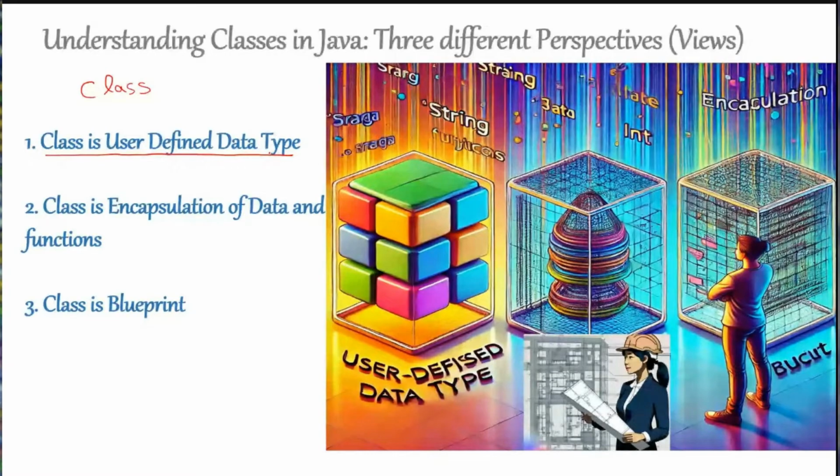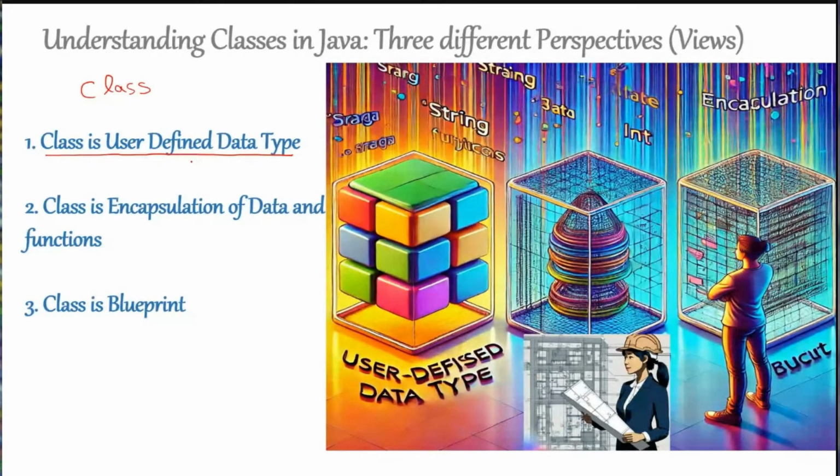There are inbuilt data types in Java. For example, 8 inbuilt data types are there: integer, character, float, double, byte, short, long, all of these inbuilt data types, you know that. But class is a user defined data type.